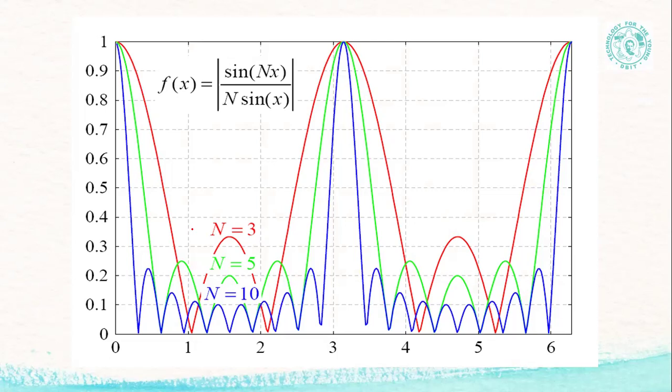So when the psi by 2 becomes very narrow, the beam becomes very sharp. This is how the function is, and this is how your radiation pattern will appear.